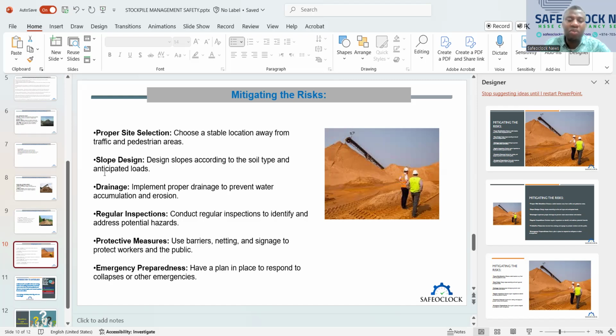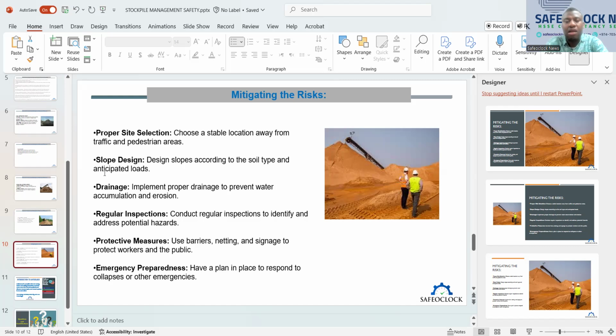Now, having a proper emergency preparedness plan is very important because anything can happen. And like we always say, we are not praying for an incident to happen, but we should be prepared. So having an emergency plan is very important, not just in the construction area, but in the stockpile area, we need to have an emergency plan.